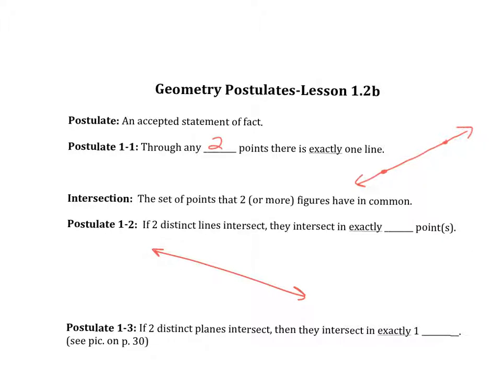Now, sometimes people are like, wait, couldn't it be like a whole bunch of points if they are in the same spot? And I see what you mean by that, but this is the key word here. If 2 distinct lines, so those are 2 different lines. In other words, I can't have this line and this line because they're the same line, right? So that doesn't work. If 2 different lines intersect, they intersect in exactly 1 point. Questions on that?